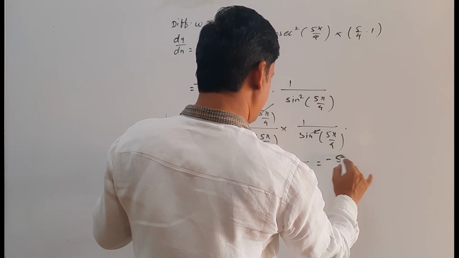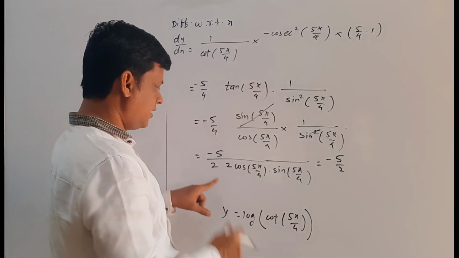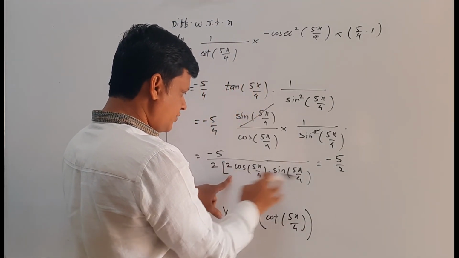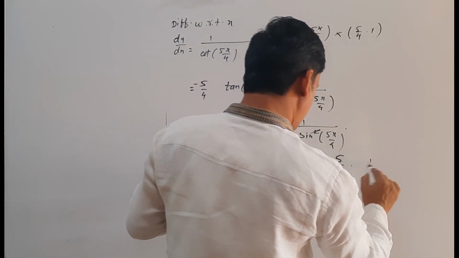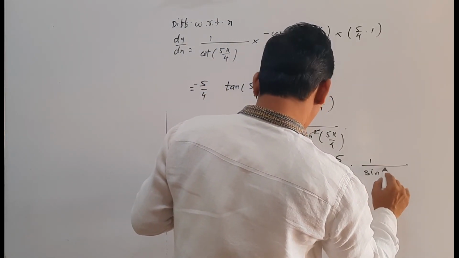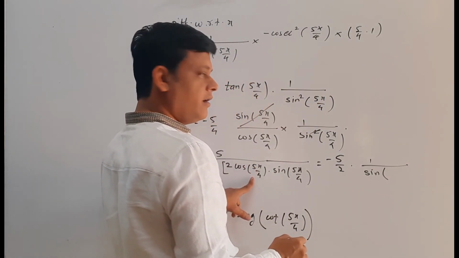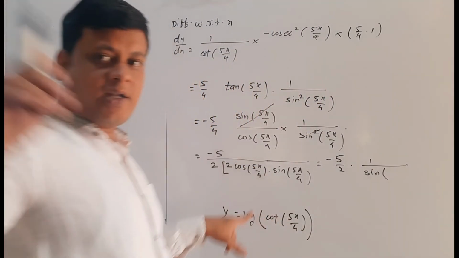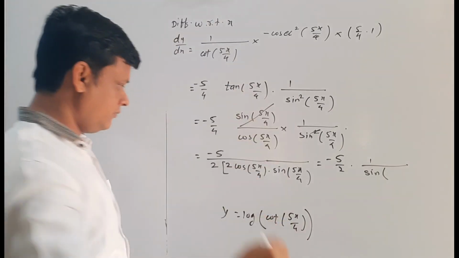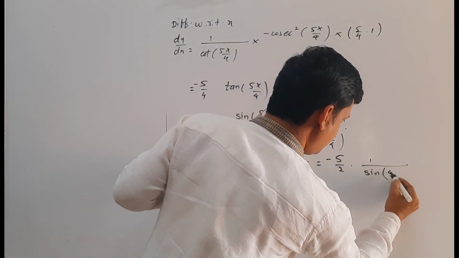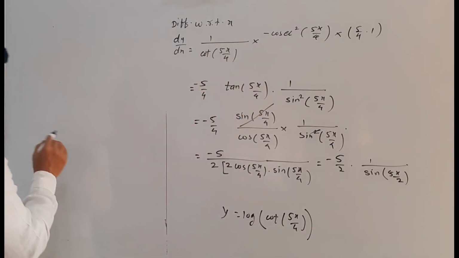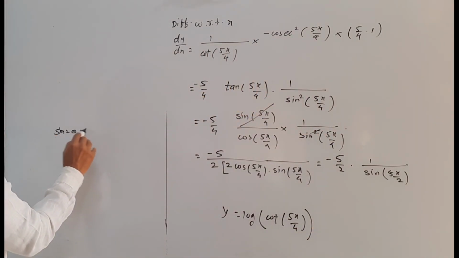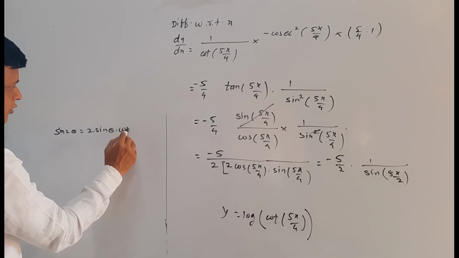So this minus 5 by 2 we write here. Then we have to apply 2 sin theta into cos theta. So we write here in the denominator 1 upon sin 5x by 2, because we use the concept sin 2 theta is equal to 2 sin theta into cos theta.